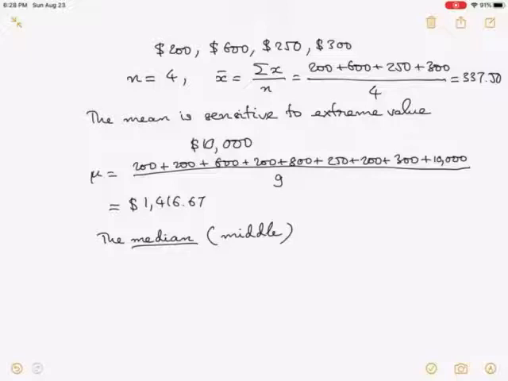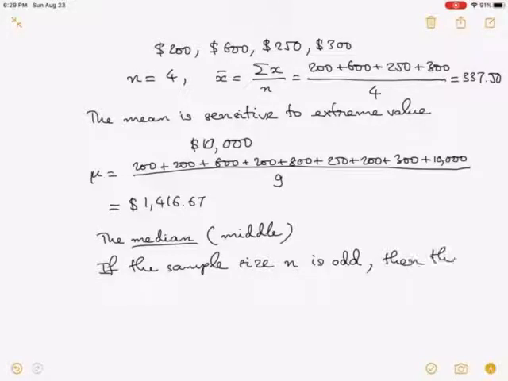So if the sample size n is odd, then the median is the middle value.